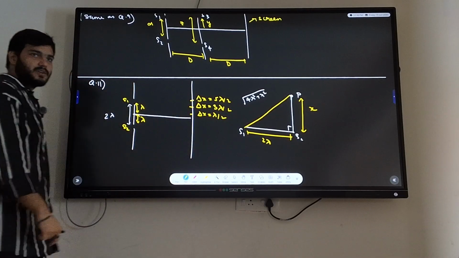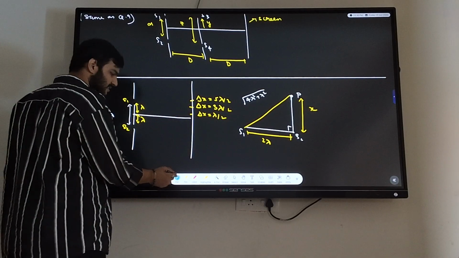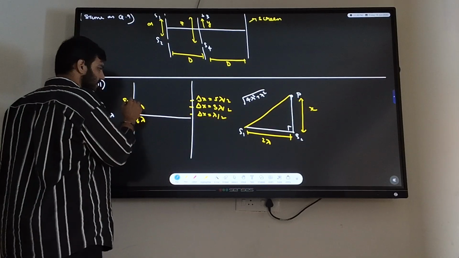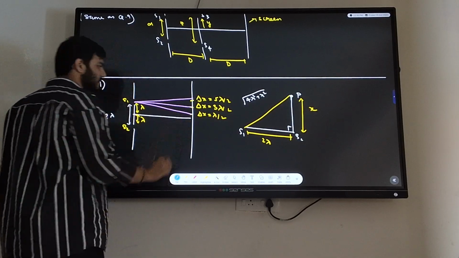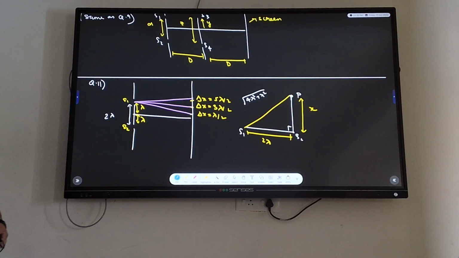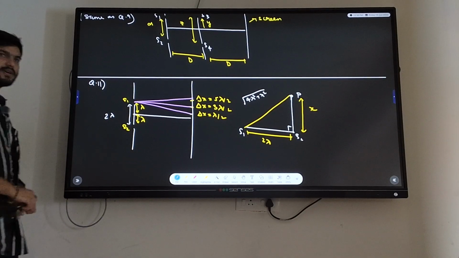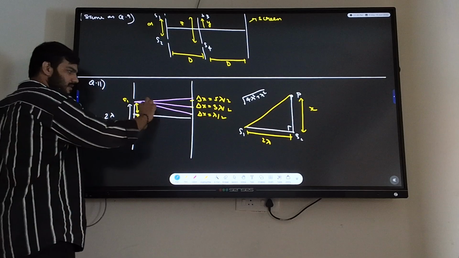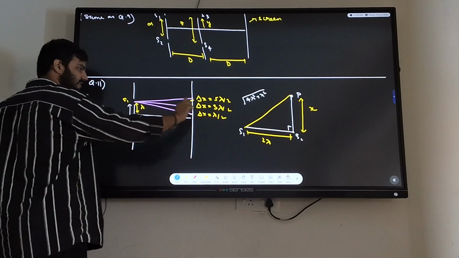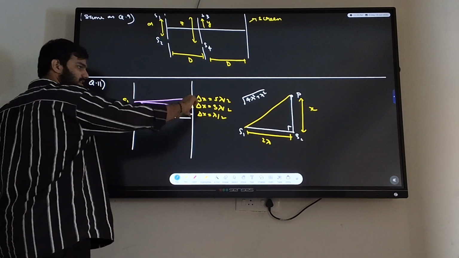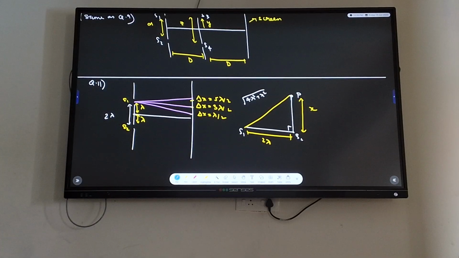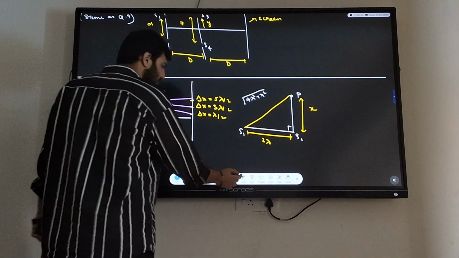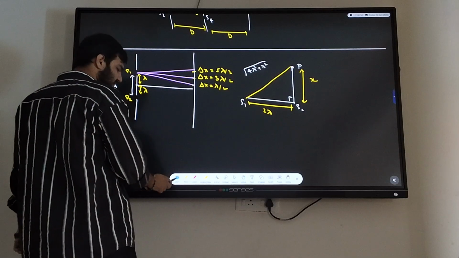Which of them has the smallest distance? If the slit is seen from this side, which of them? 3 lambda by 2. Do you understand why? This is 1 lambda and this is half of it, and this 1.5 is a little up, and then 2.5 is even more up. So which of them is the closest? 3 lambda by 2.